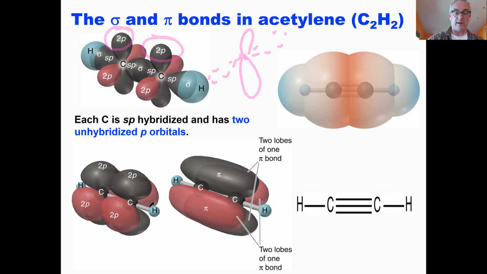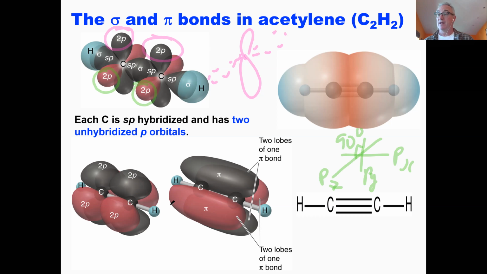And that's this one. And they're at what? 90-degree angles to each other, just like the p orbitals are supposed to be. Remember, there's px, py, and pz. And they were 90 degrees apart from each other.